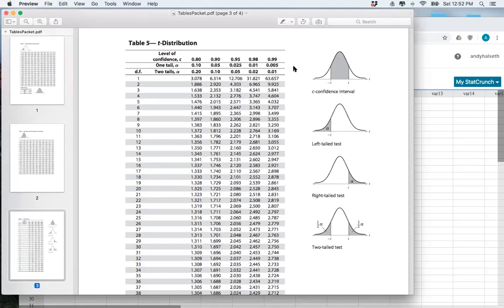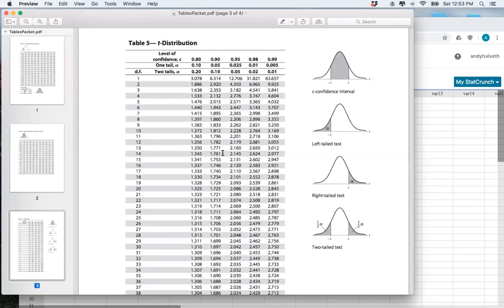So we've been really using table 4, the normal distribution. This is the next one after that. Table 5 looks like this. And so really all you're doing is finding that level of confidence across the top. There's the 0.9 right there. And then just go down to the correct degrees of freedom. There it is, 14. So that's 1.761. Okay. And that's what we're going to call the t_c.